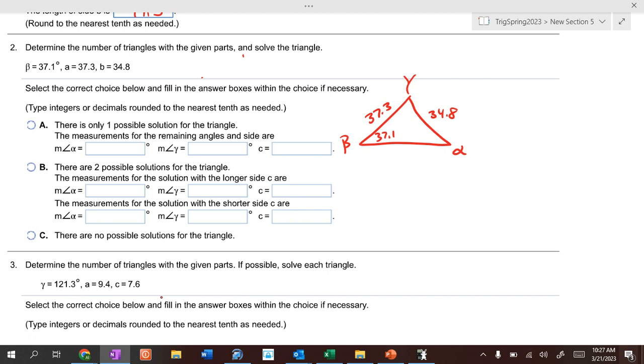Okay, so then you go sine of 37.1 over its opposite side, 34.8, equals the sine of alpha over its opposite side, 37.3.